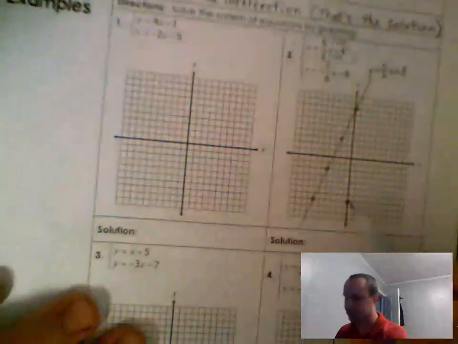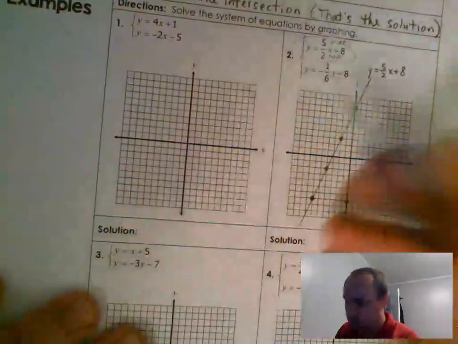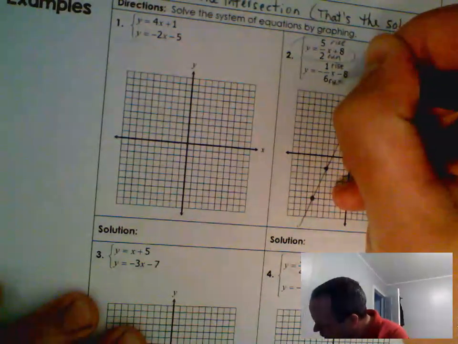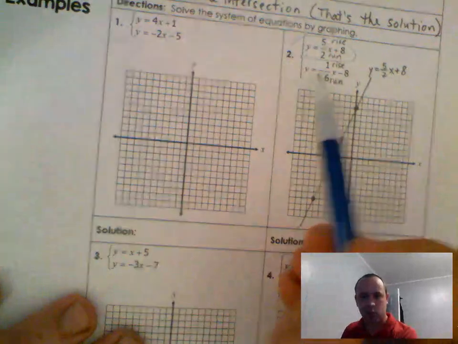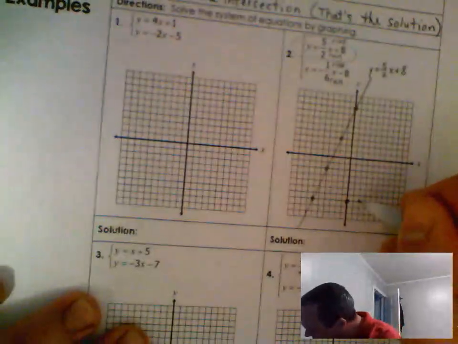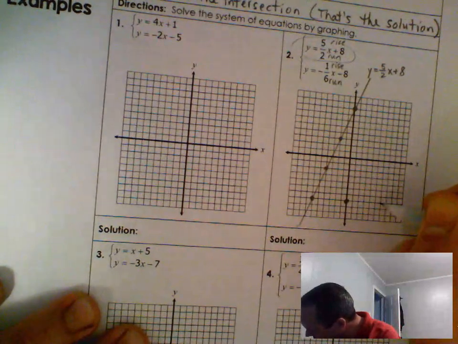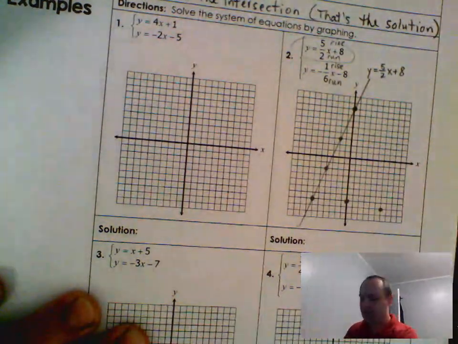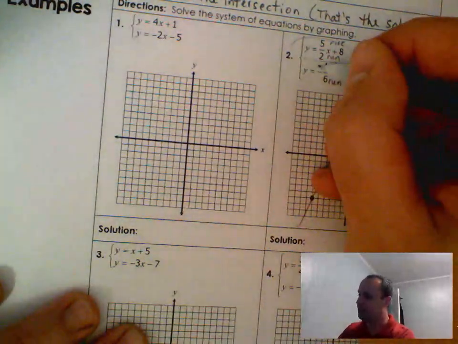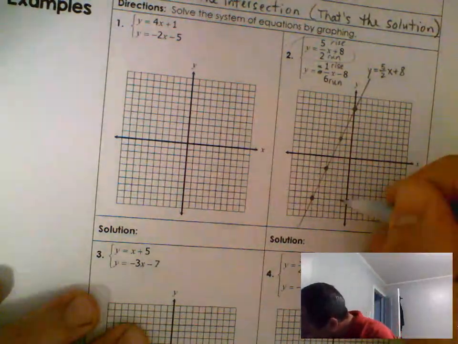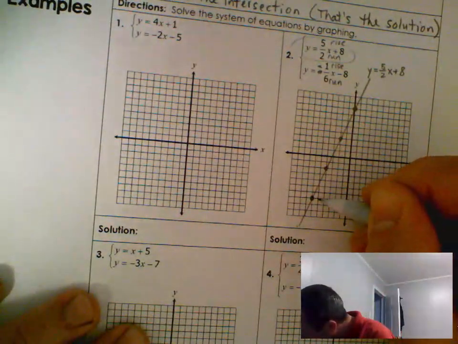Okay, on this second line, we have a rise and a run of -1/6. So in this case, if we run 6, 1, 2, 3, 4, 5, 6, we're going to drop 1. Okay, I like to put that negative with the top number. That helps me. Okay. And then if we run 6 this way, 1, 2, 3, 4, 5, 6.